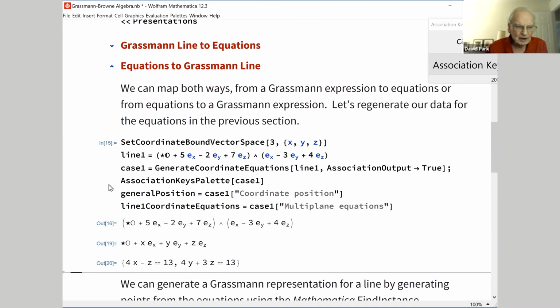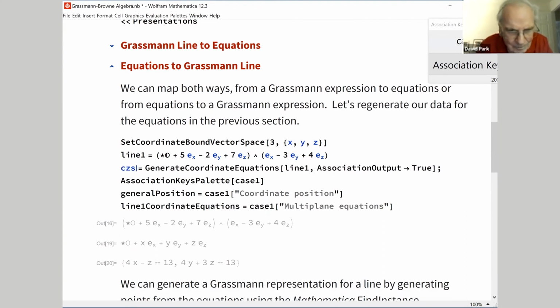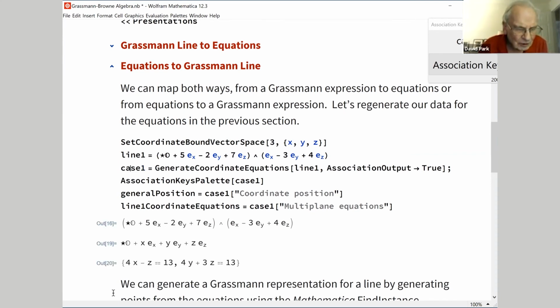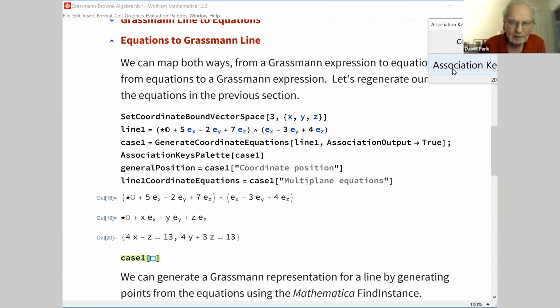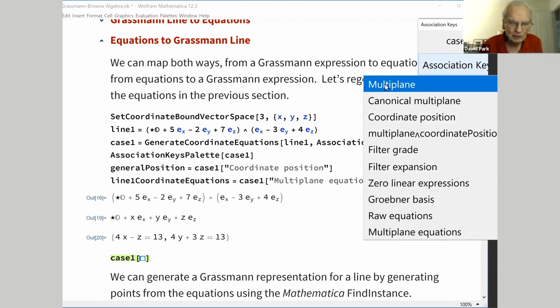And so this was case 1, a name I gave to the output. So I can just click in. Type case 1, and then these are all my keys in the association, and the multiplane is the input.